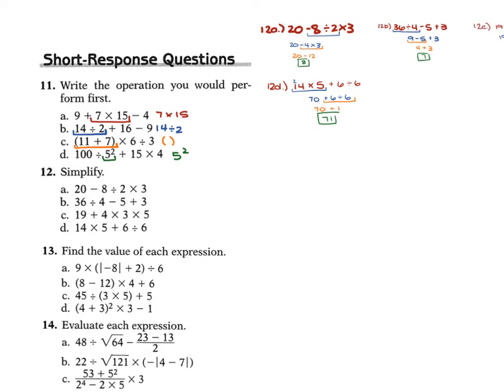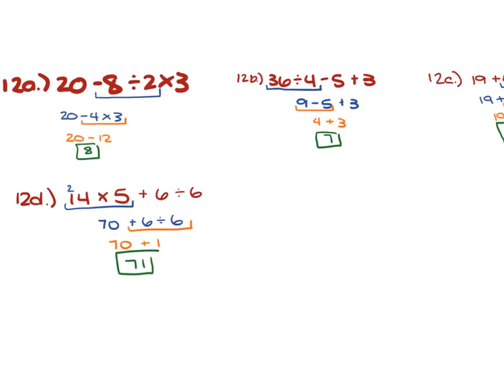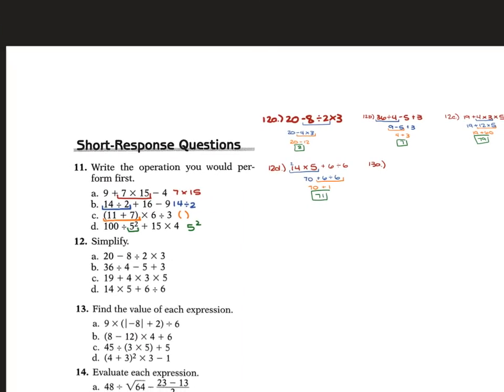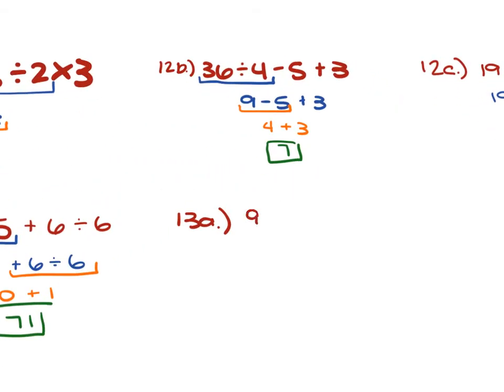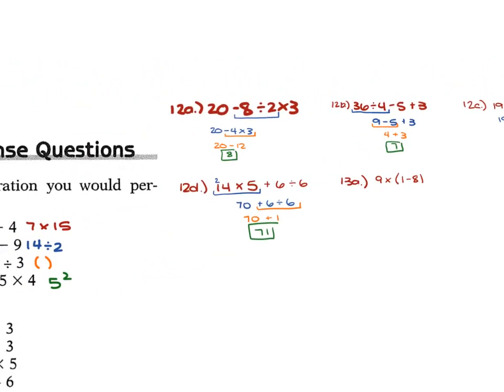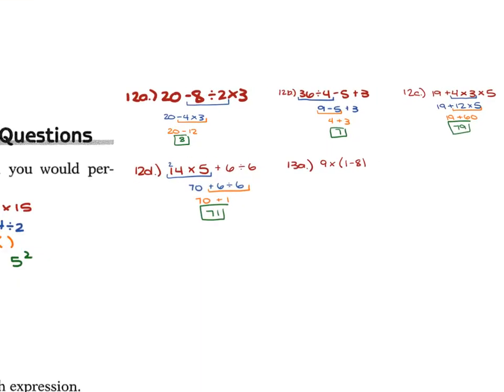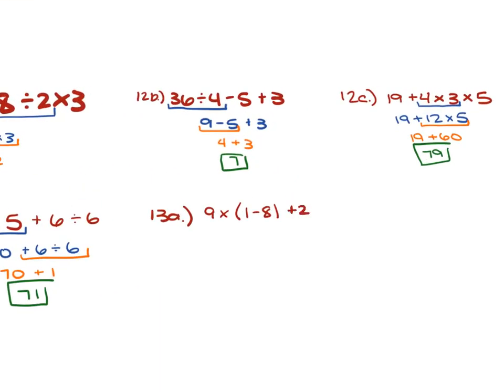For 13, it asks us to find the value of each expression. For A, we're given 9 times the absolute value of negative 8 plus 2 divided by 6. So 13a, with 9 times, parentheses, the absolute value of negative 8 plus 2, close the parentheses, divided by 6.